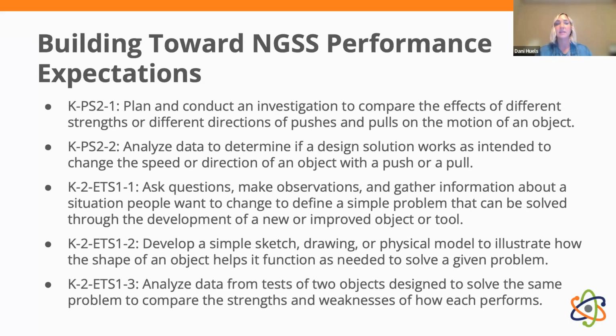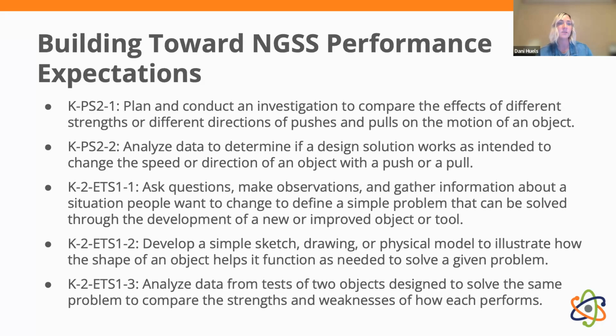And then we have the K-2 engineering standards. ETS1-1: ask questions, make observations, and gather information about a situation people want to change to define a simple problem that can be solved through the development of a new or improved object or tool.